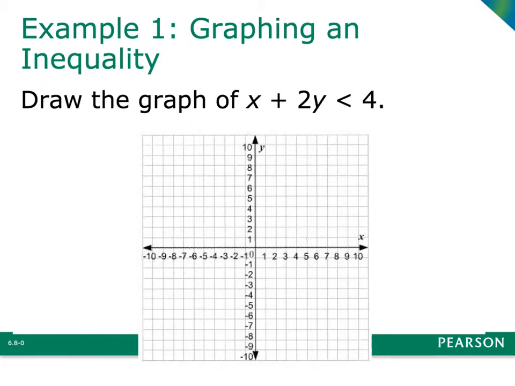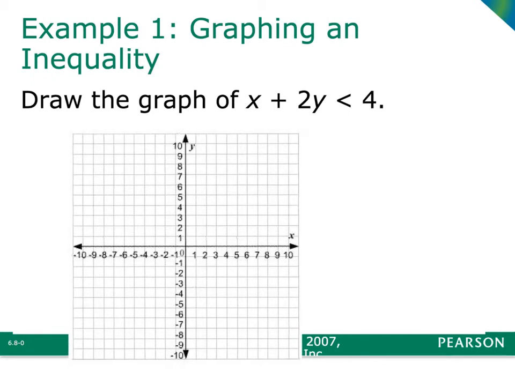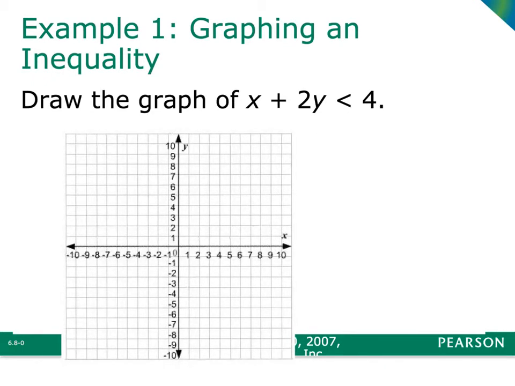The easiest way to explain this to you is by putting it in action. Okay, so we have the inequality x plus 2y is less than 4. There's a couple ways you can do this. You can just pick points and plug them in, or you could also solve the equation for y and graph it like y equals mx plus b. It's really up to you, just personal preference. I would prefer to solve the equation for y.